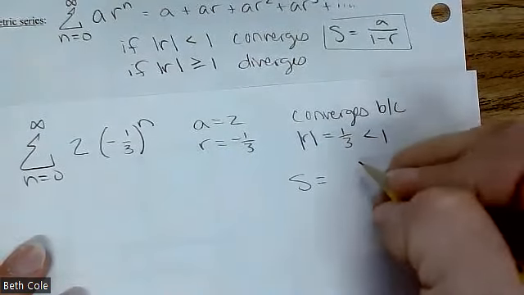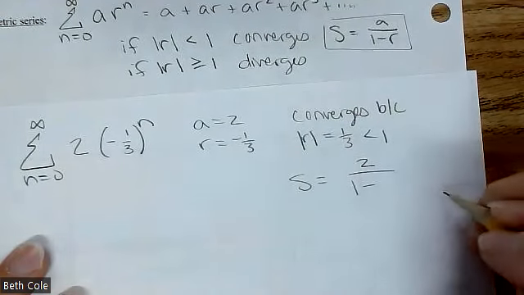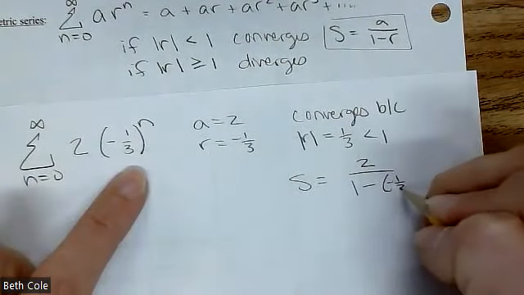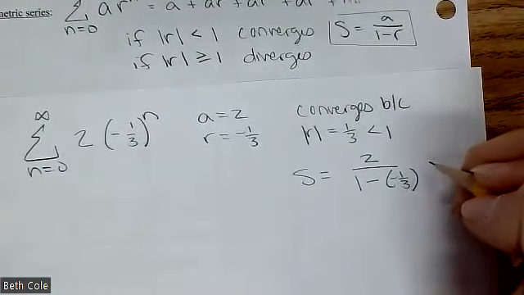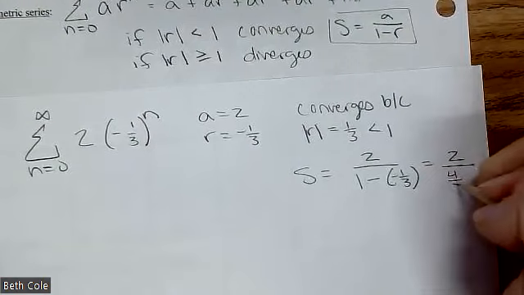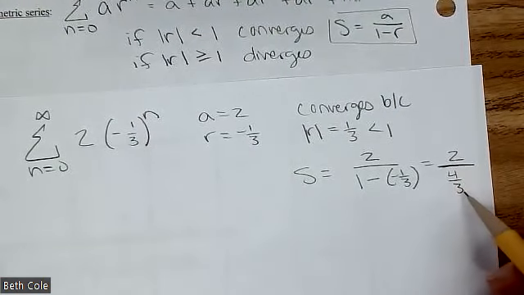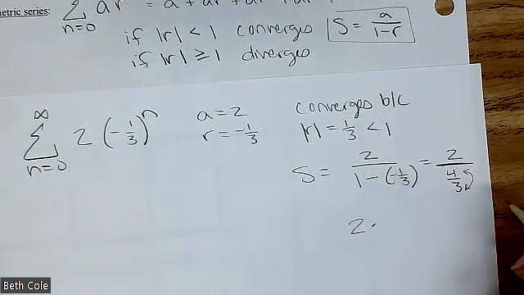Your sum would be 2 over 1 minus negative a third. And that would be fun with fractions, and you just have to sort through that. That would give you 2 over what? The negatives would cancel, so 4/3. And when you divide by a fraction, that means you multiply by the reciprocal, and we're going to do that a lot in here too.